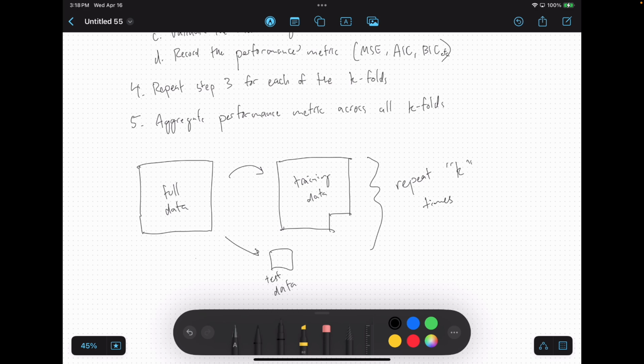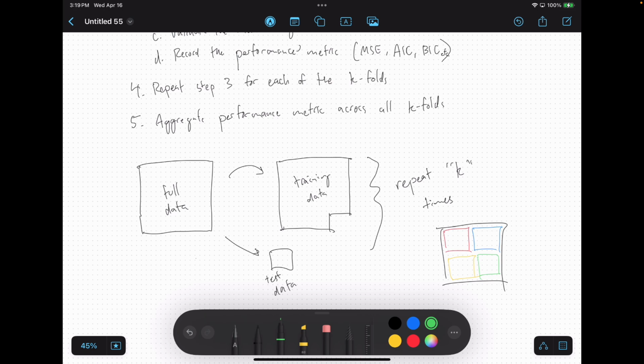No, it's exclusive. Let me draw this in another way. That's my full data, and I divide it into 4 pieces. So this would be a 4-fold, and in step 3 of my pseudo algorithm, I would train against these 3 and test against the red, leaving that out.